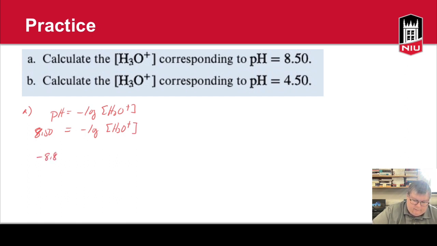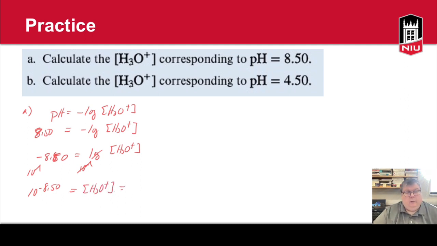Negative 8.50 is equal to log of H3O plus. Take 10 to the power. That cancels out the logs. And we get 10 to the negative 8.50 equals the concentration of H3O plus, which is equal to, now this is where I actually have to pull out my calculator and do this problem because the numbers are not perfect.